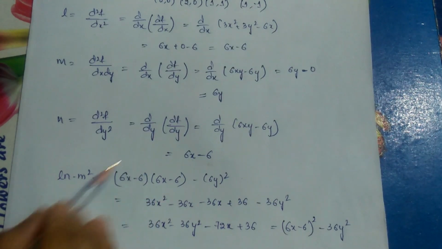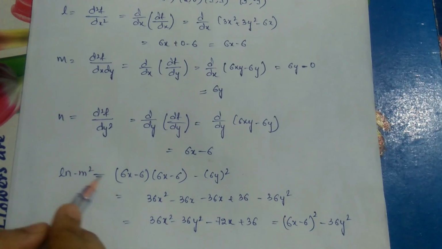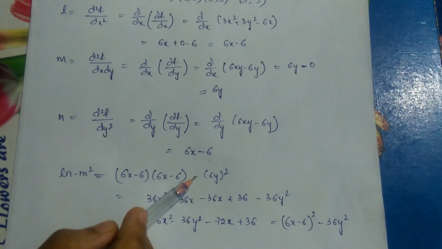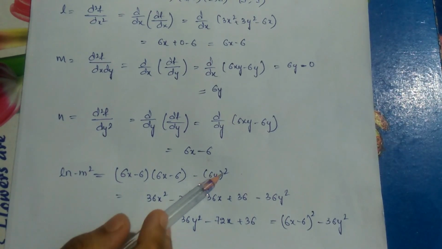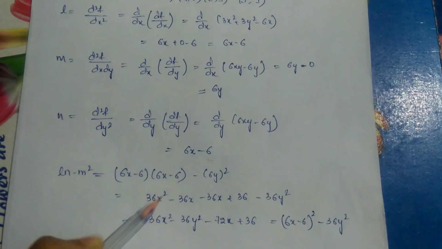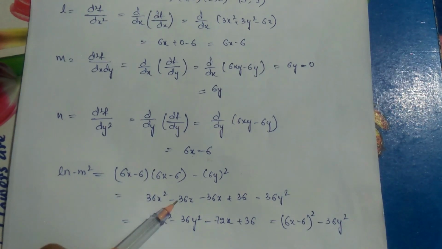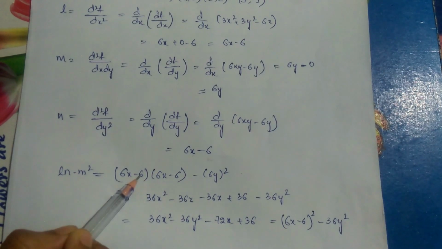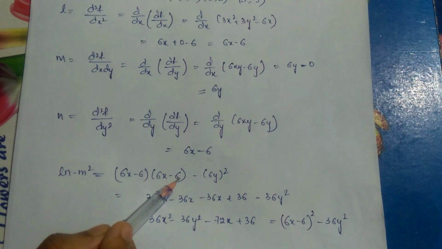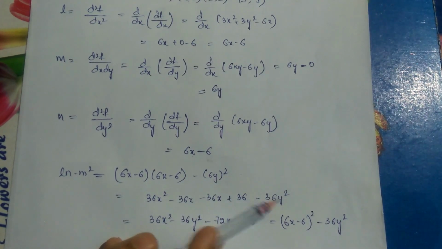So now we have to get the value of this LN minus M square. So L is 6x minus 6 and N is 6x minus 6, minus M square. M is 6y, whole square, and that equals 6x into 6x, that is 36x square, and 6x into minus 6 is minus 36x, and minus 6 into 6x is minus 36x, minus 6 into minus 6 is plus 36, minus 6y whole square is 36y square.